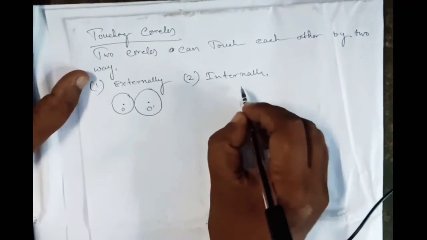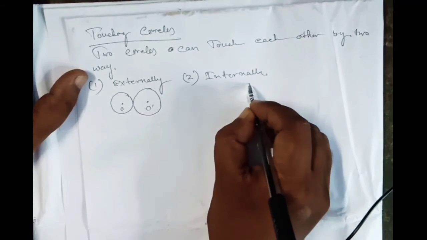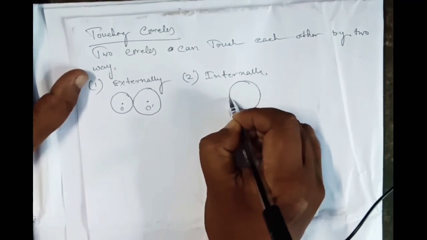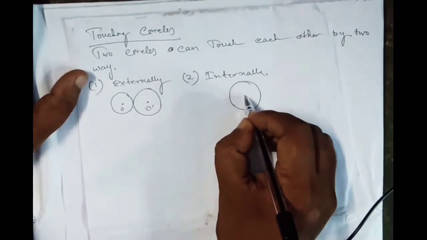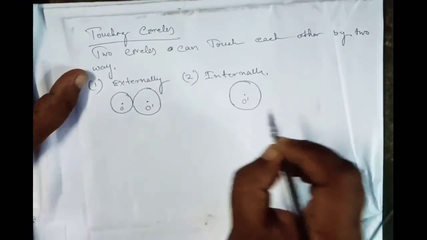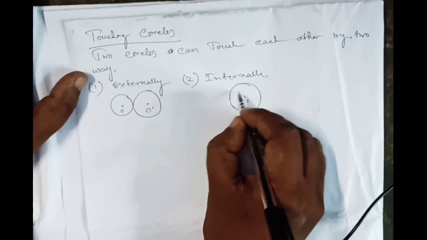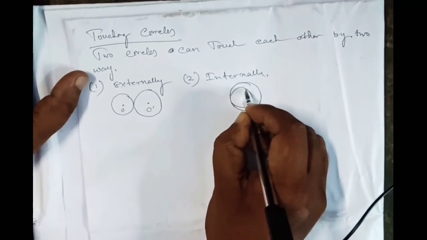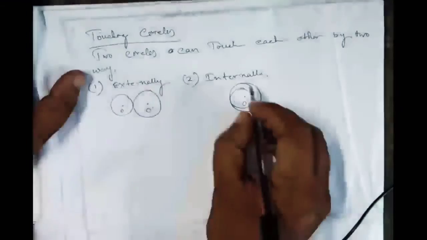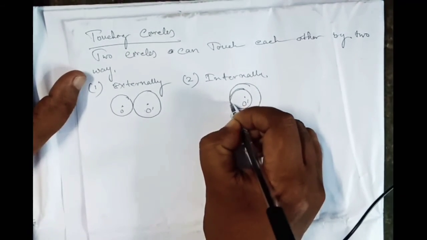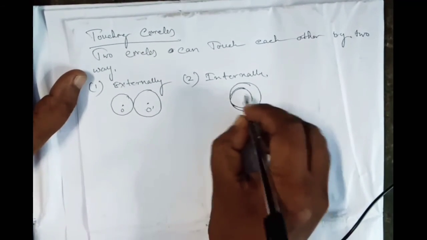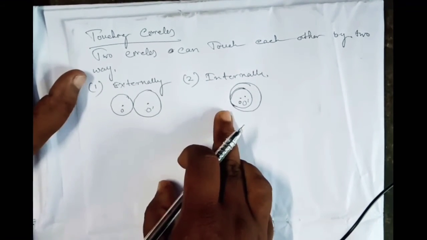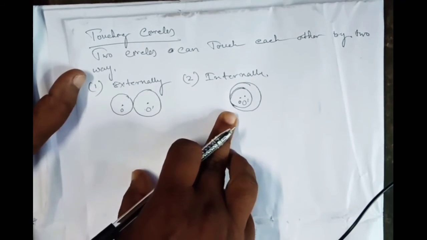Now again for the picture, this is O dash and this is O, so this is internally. Okay.